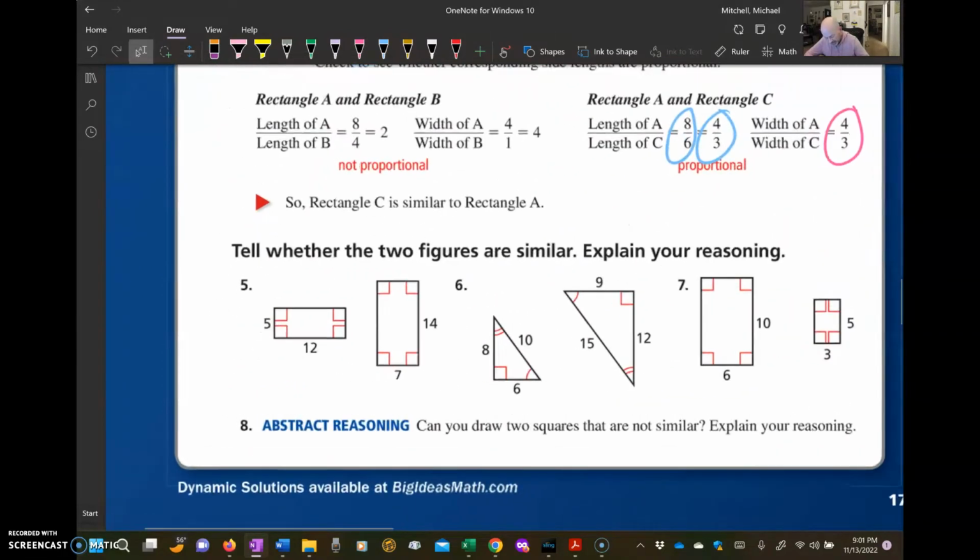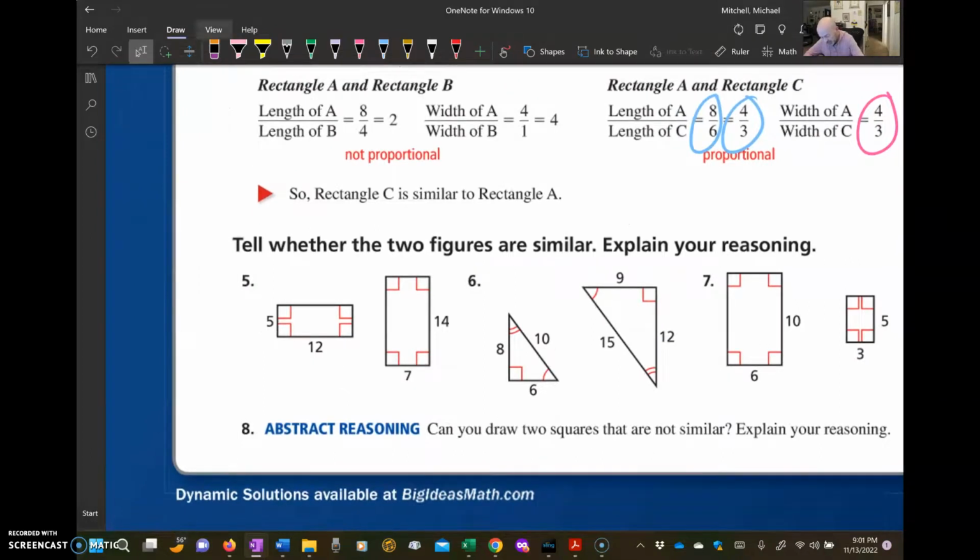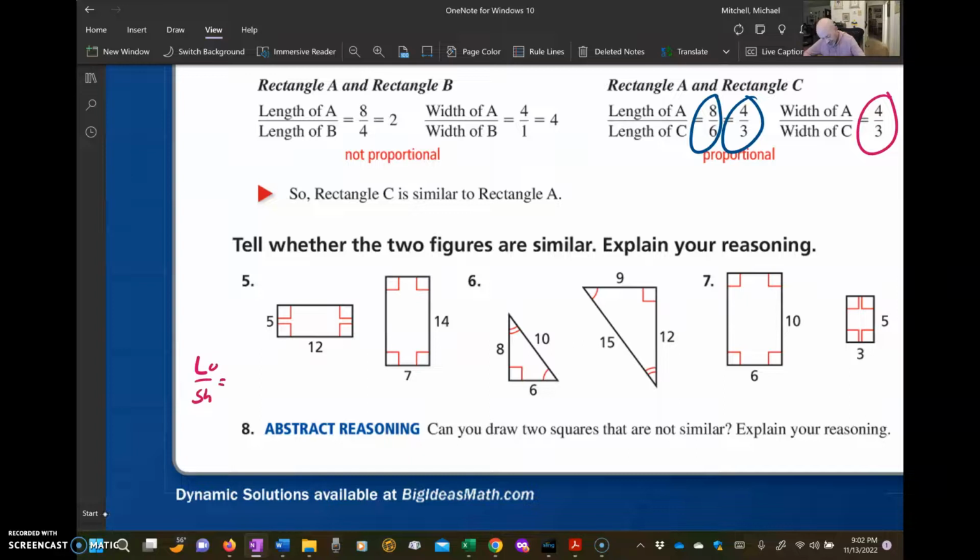So again, it's going to help you to think here. I need to change this background. Go long side to short side. Think about this. So I'm going to go 12 to 14. Is that going to be equal to the other one, which would be 5 to 7?